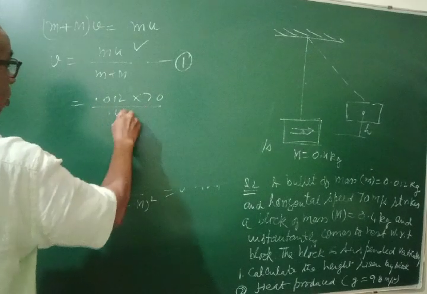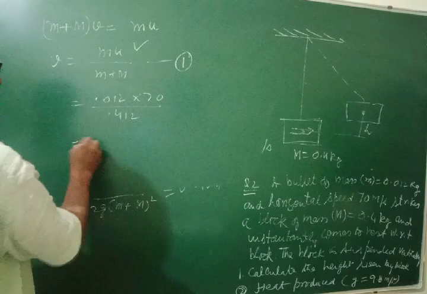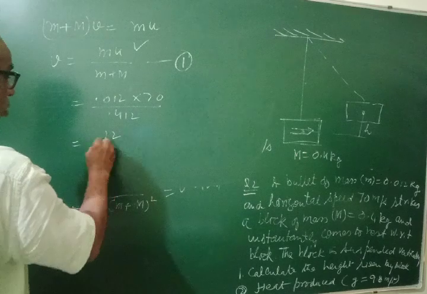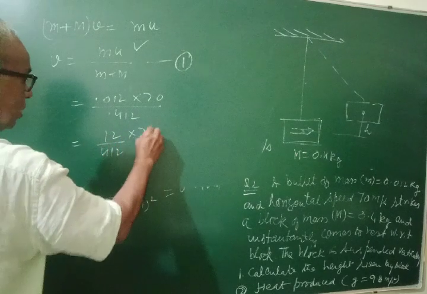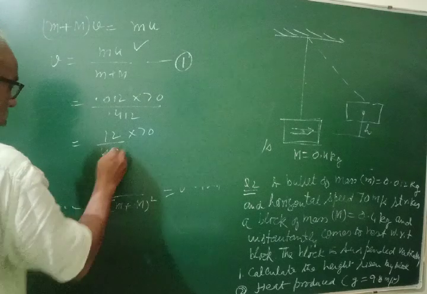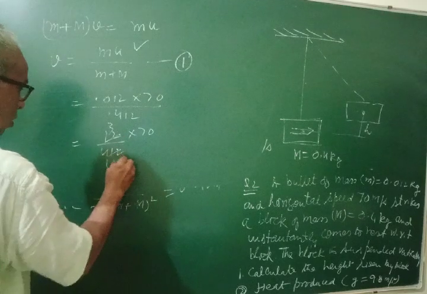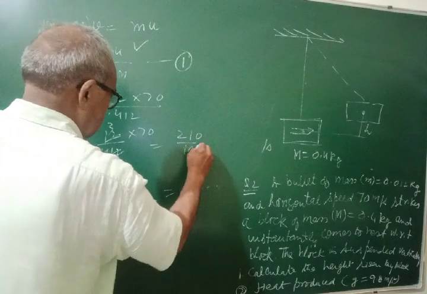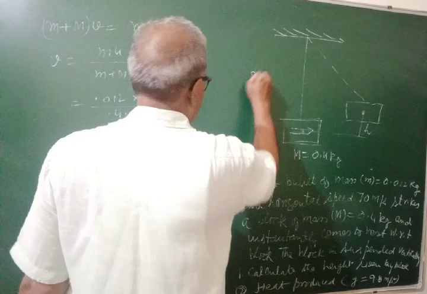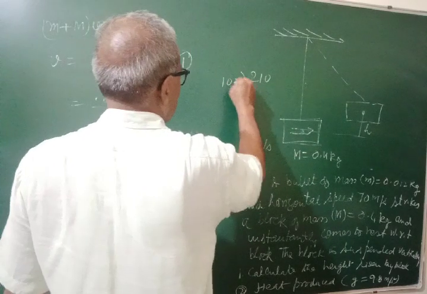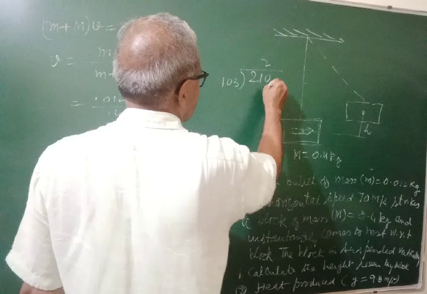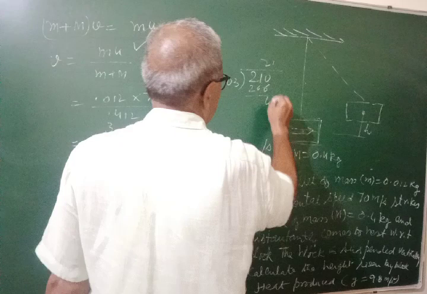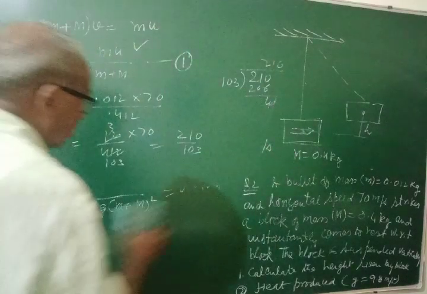If you solve it, you will get 0.012 into 70 upon 0.412, which is 210 upon 103. If you divide it, nearly you can write it will come out to 2 only, nearly.